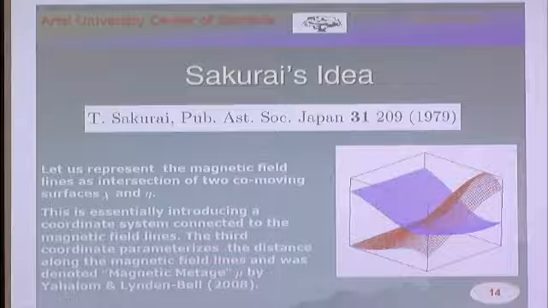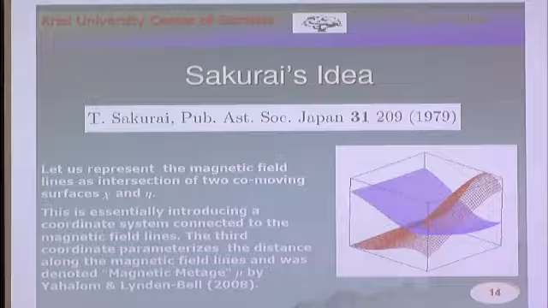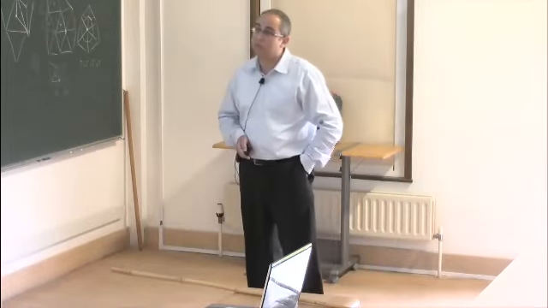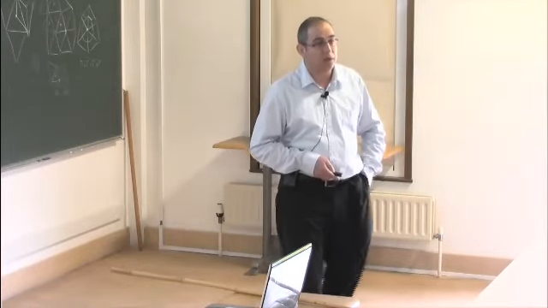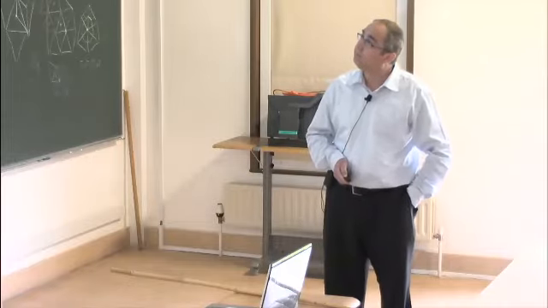So this is essentially introducing a coordinate system connected to the magnetic field line. You need a third coordinate. The third coordinate parameterizes the distance along the magnetic field line and was denoted magnetic metage by Lindenberg and myself.